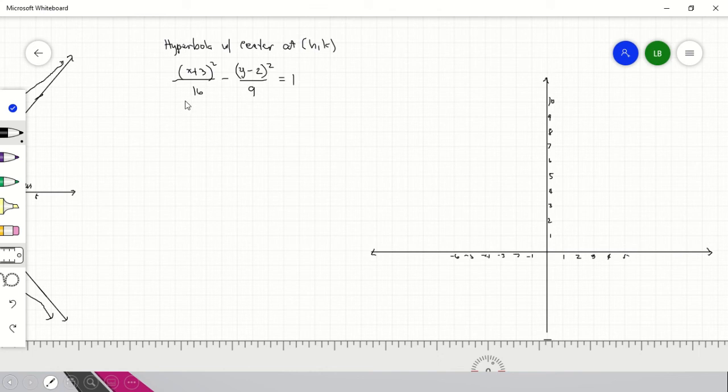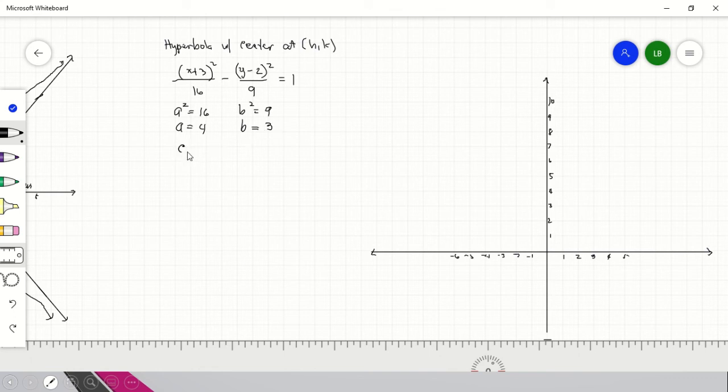So, ito yung ating a squared, kasi ito yung positive. So, a squared equals 16 and b squared equals 9. So, ang a natin ay 4, ang b natin ay 3.